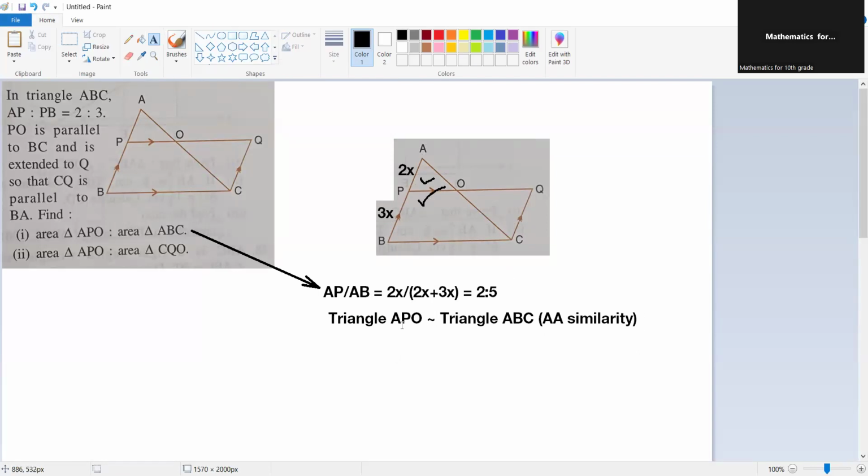Because if you notice in this triangle APO and triangle ABC, I'll just draw the triangles separately. So the smaller triangle is APO, while the bigger triangle is ABC.